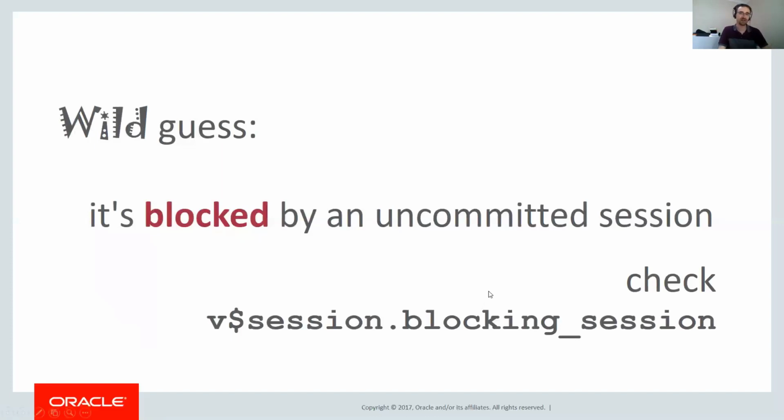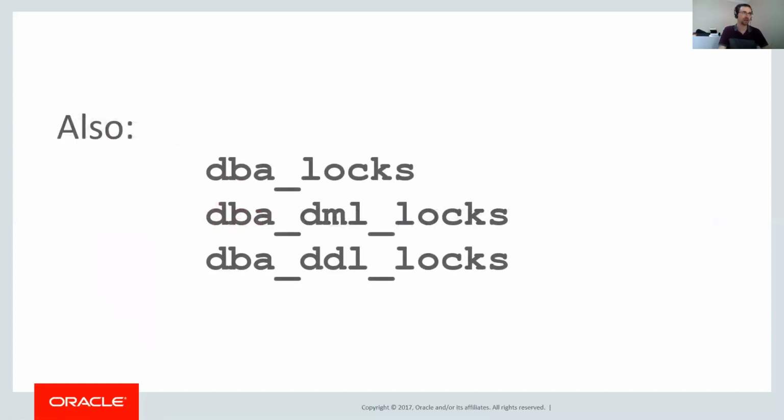Another set of views that I like to use are the DBA locks views. We've got the general locks view, which shows everything, and then the DML and the DDL specific ones. So if you're blocked on an insert, two people trying to insert the same primary key value, that will appear in DBA_DML_LOCKS. If you have an uncommitted transaction then your information will still appear there.